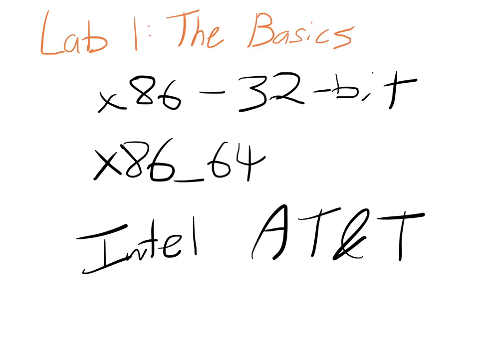However, AT&T syntax assembly instructions have the source followed by the destination. There's no pros or cons to one form or the other. However, we're going to use AT&T because that is what GCC understands. So over the course of the semester, although we will be programming in x86, which is designed to run on Intel or other like CPUs, we are going to be using the AT&T syntax because that is what GCC understands.